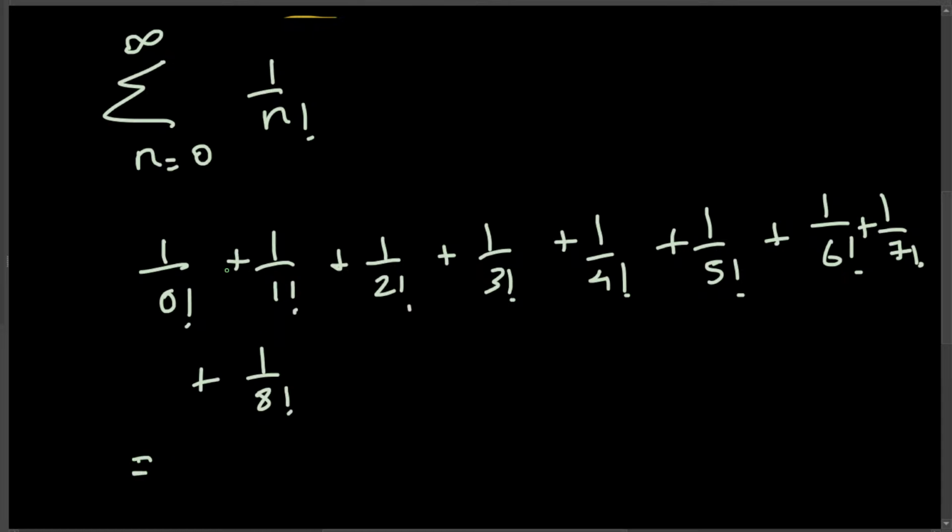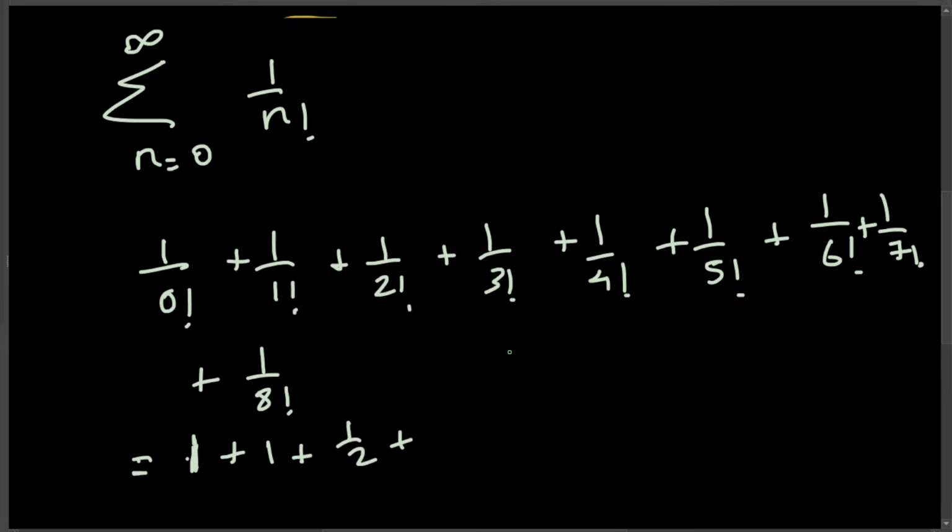1 over 0 factorial, that's 1 over 1, that's 1. We can directly write it. 1 over 1 factorial, that's also 1. 1 over 2 factorial: 2 factorial is 2 times 1, so that's 1 over 2.